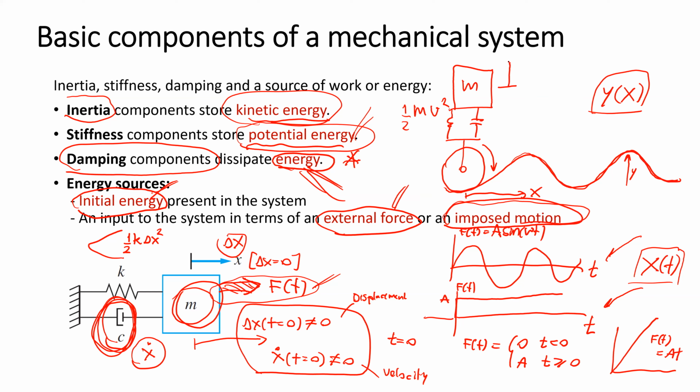For example, if we know that this motion of the vehicle is varying with time, and we know that the contour of the road is a function of the horizontal position, and that the horizontal position is also a function of time.